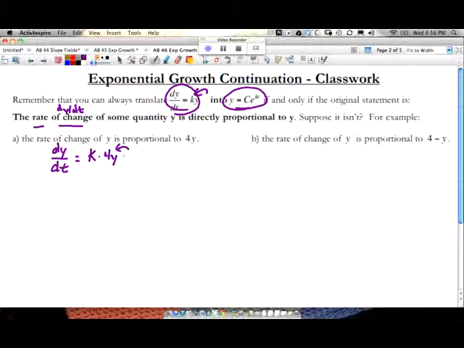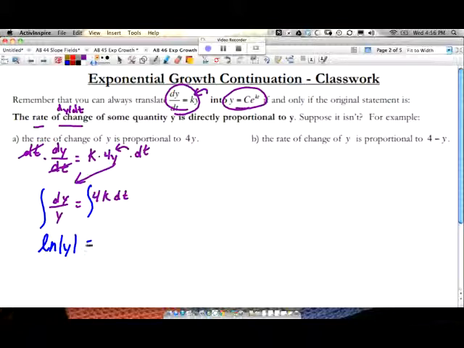So we'd multiply by dt on both sides to get rid of that dt. And then this y needs to move down there. So we'd have dy over y equals 4 times k dt. We integrate both sides, and when you integrate both sides, you get natural log of the absolute value of y equals 4kt plus c, of course.